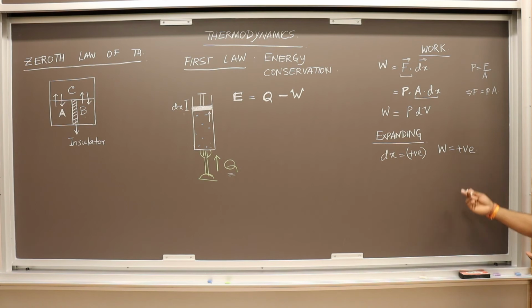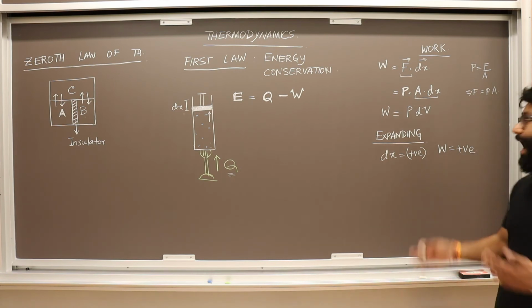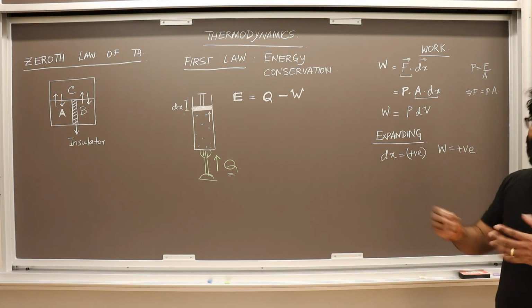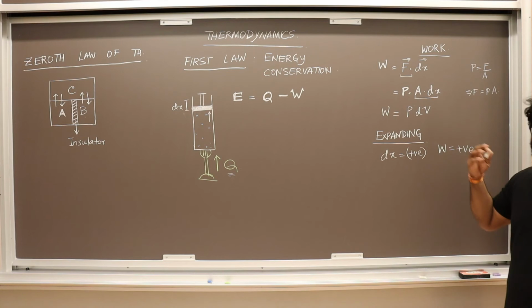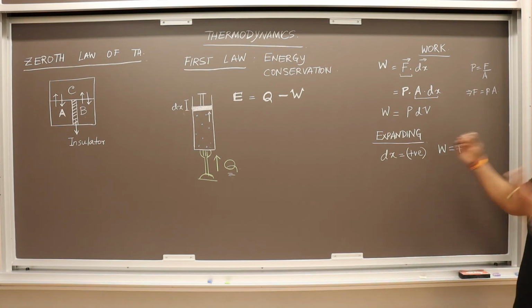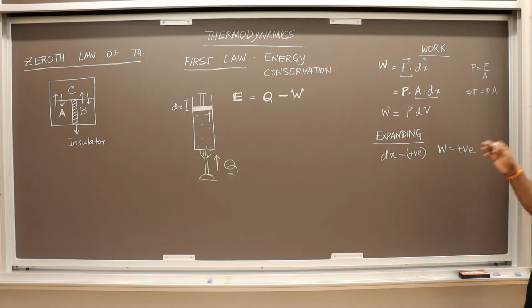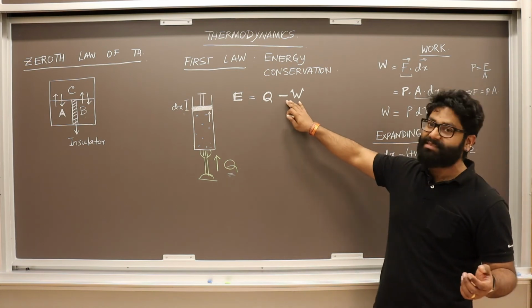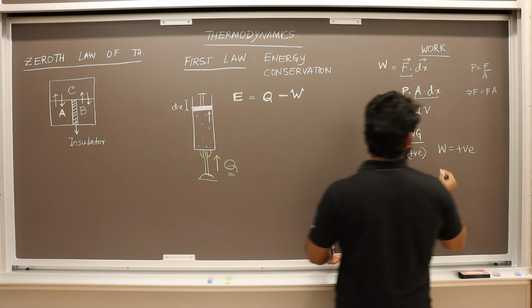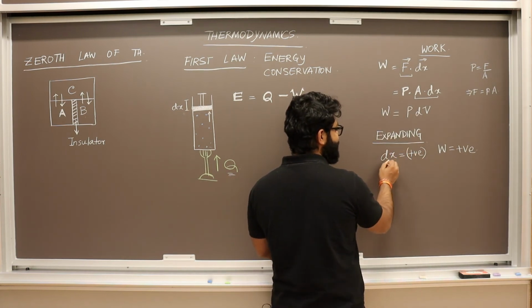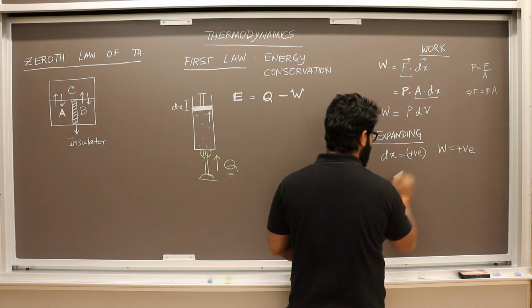Okay? My assumption. And this assumption is the one that mostly the physicists used to follow. I find this convention really easy to remember, really easy to understand, and that's why I use this. Some people can use a different convention, but in that case, you'll have to change the signs in here. Now, I said during expansion dx is a positive number and therefore work is positive.